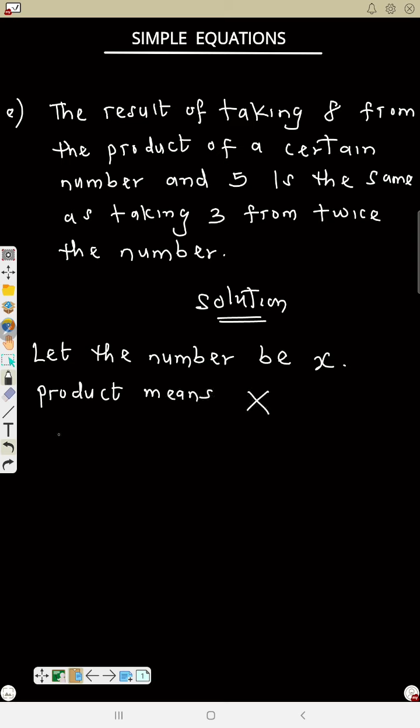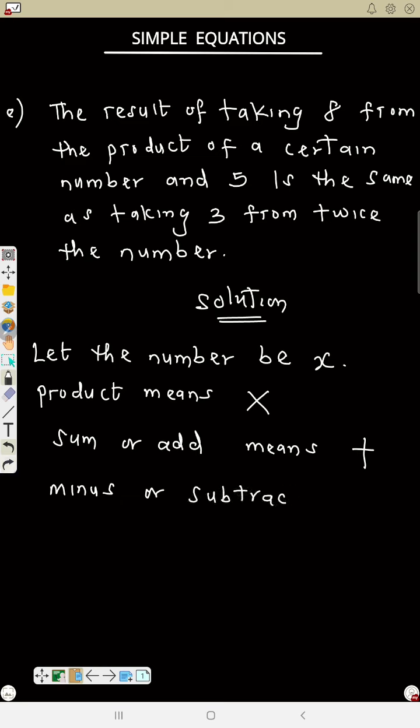Now we already know that sum or add means plus, minus or subtract means that symbol.